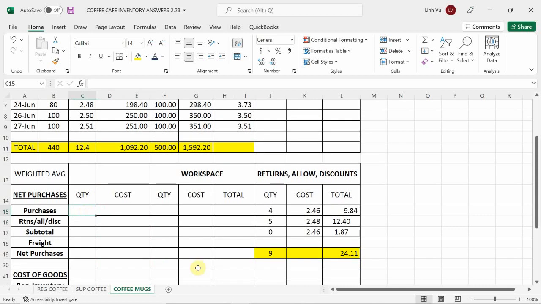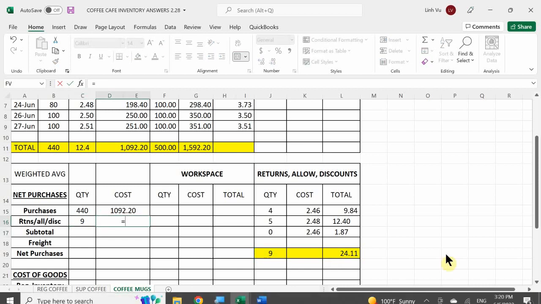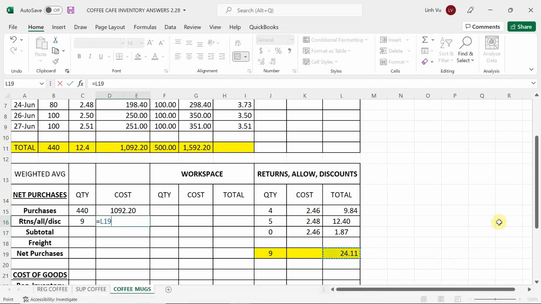So in this case, quantity: how much were my original purchases? We purchased 440 at a grand total of $1,092.20. We also have returns and allowances. We returned 9, for a total of returns, allowances, and discounts of $24.11.